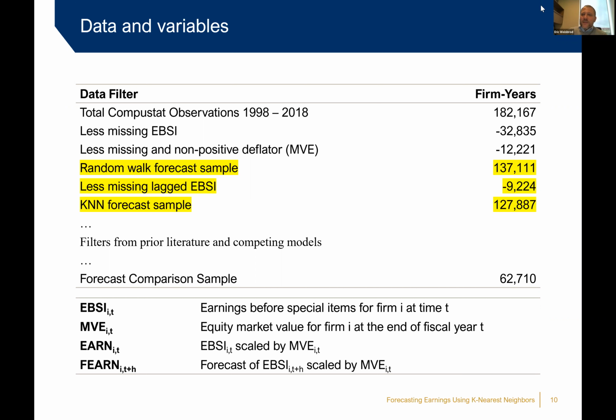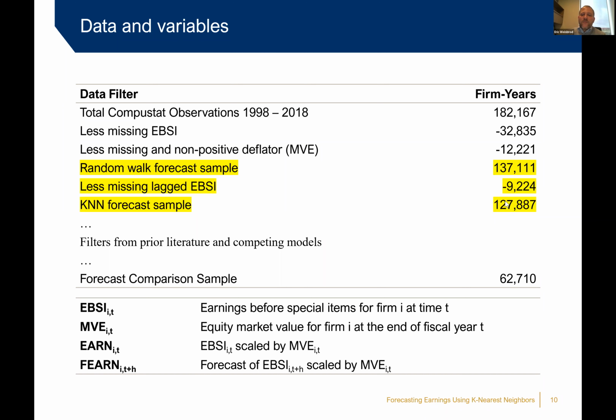So I do want to make sure I get to the different variables we consider and everything. Briefly, one thing that's nice about the basic earnings KNN forecast is that we really just require 1 year of additional data beyond what the random walk would require.